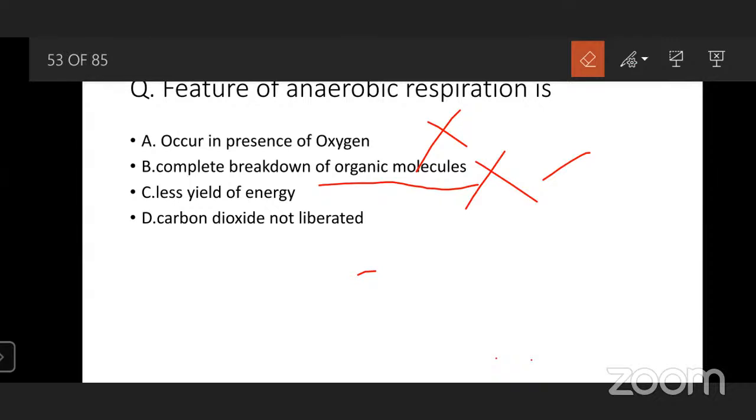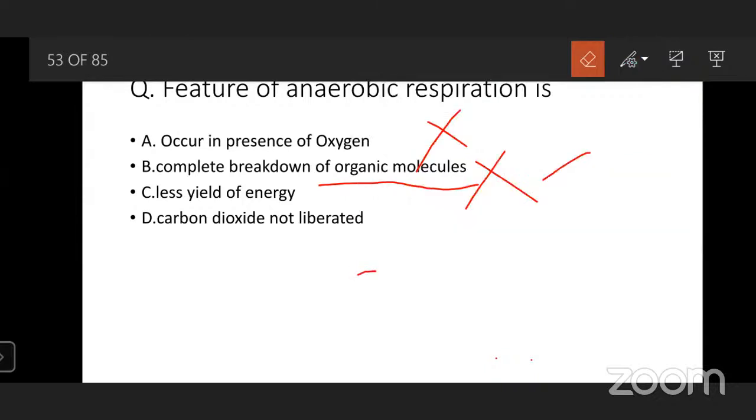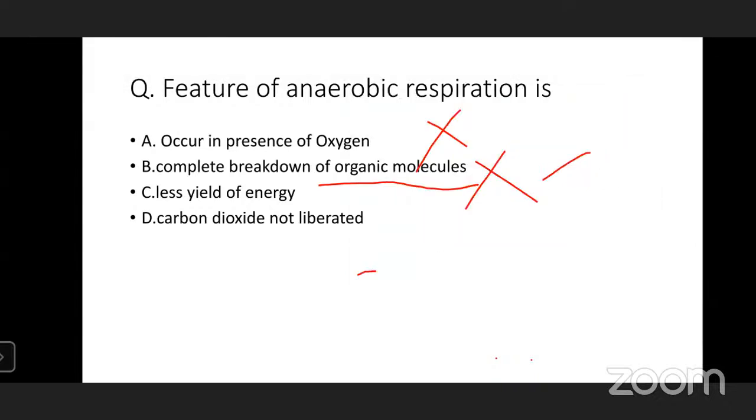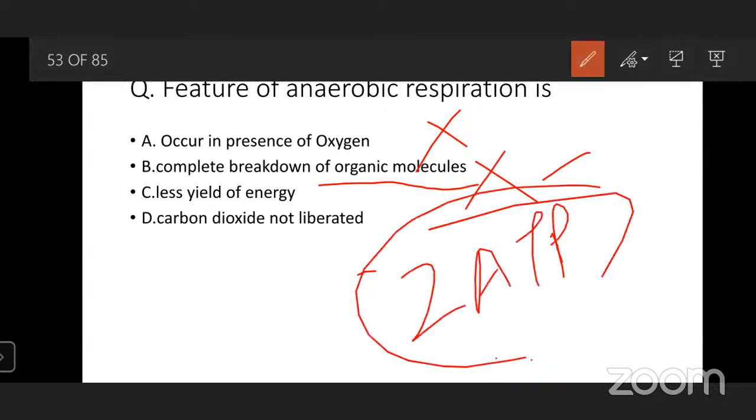If we see normal respiration, that is aerobic respiration, it releases 36 ATP, right? But here in anaerobic respiration, it releases only 2 ATP molecules, which is very much less when compared to aerobic respiration. So the correct answer will be less yield of energy.